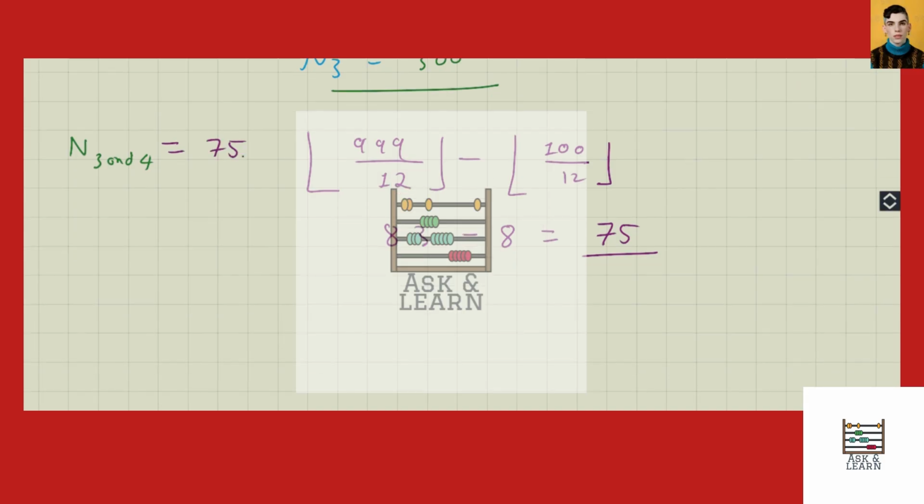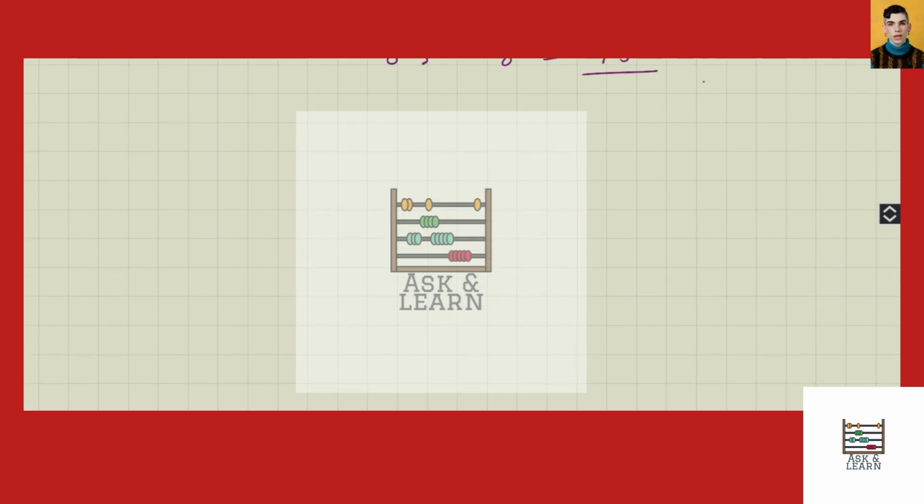Okay, so we have all the numbers. n sub 4, the numbers divisible by 4, are 675. The set of numbers divisible by 3 is 300, and the intersection, those that are divisible by 3 and 4, is equal to 75.